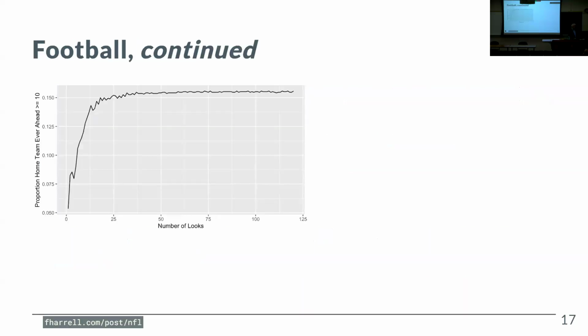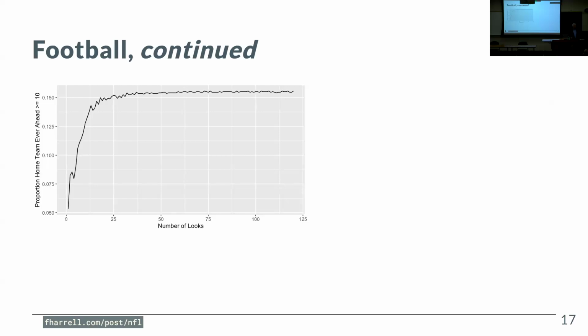So this is the relationship between the number of looks and the probability that your team will ever be ahead by 10 points if they ended up tying or losing the game. So this is the frequentist look at the continuous watching of a football game, exactly as you would run a group sequential trial.